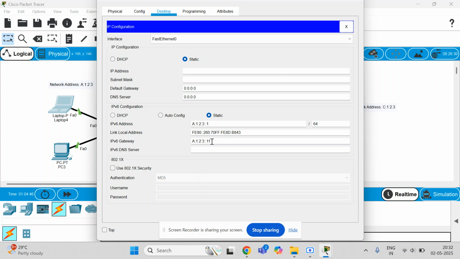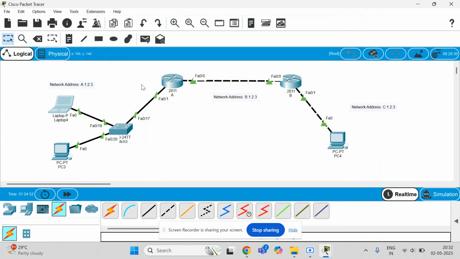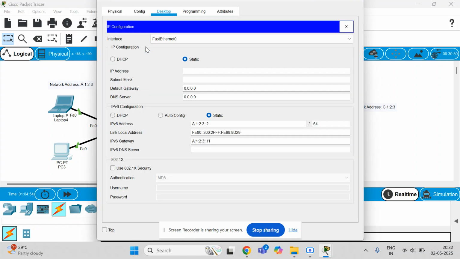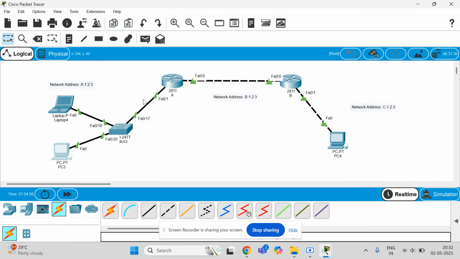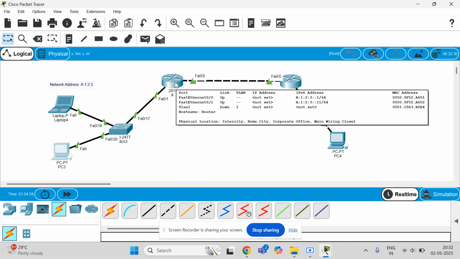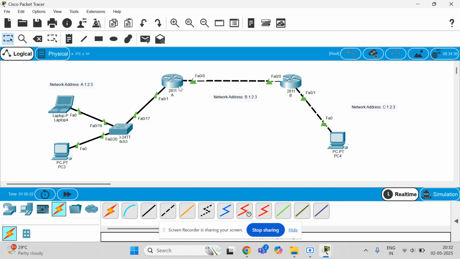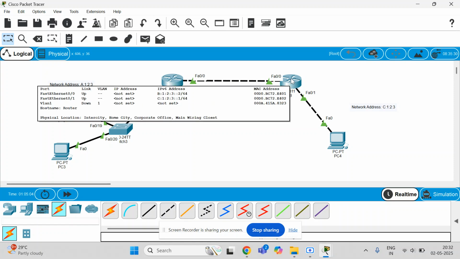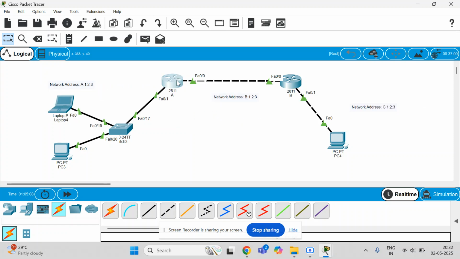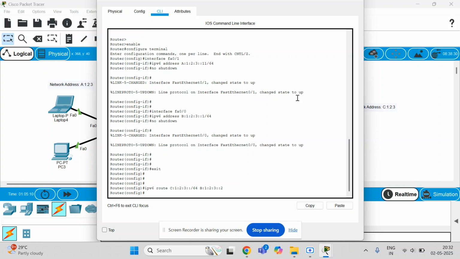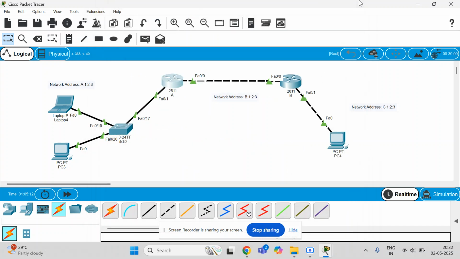Gateway is 11 over here. 11 we have given. Okay. Here also 11 I think. Yes, fine. Here we have given 11. All right. 1 2 3 2. Okay.